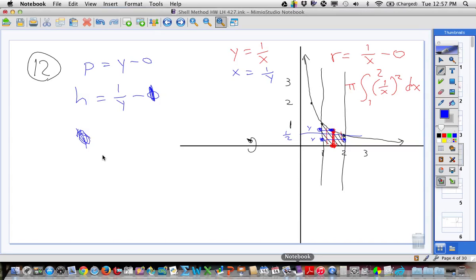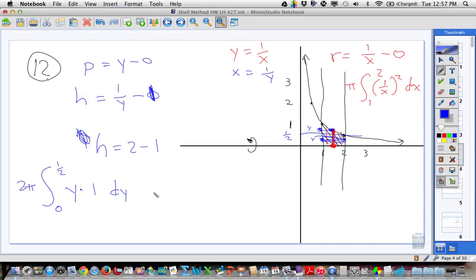Okay. All right. So h on the bottom one is just going to be 2 minus 1, right? So our bottom integral is going to go from 0 to 1/2, right? The strips are going to fill this space from 0 up to 1/2, 2 pi out in front, and it's going to be p, which is y, times h, which is 1.